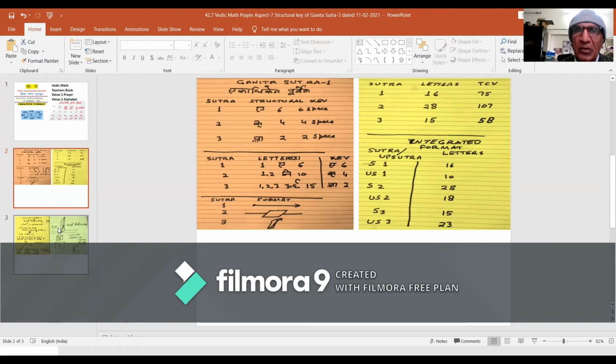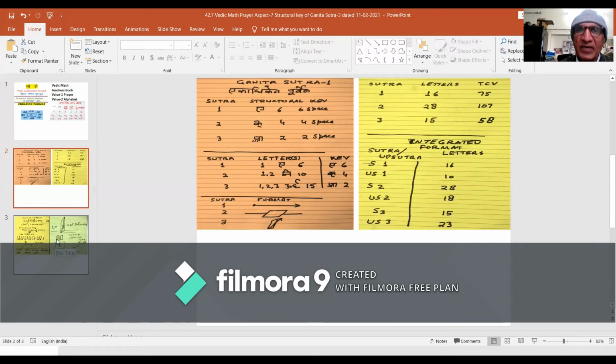Therefore, the mathematical domain of Ganita Sutra 1 is to be chased, unlocked, followed and worked out in terms of these features of the first letter of this text.